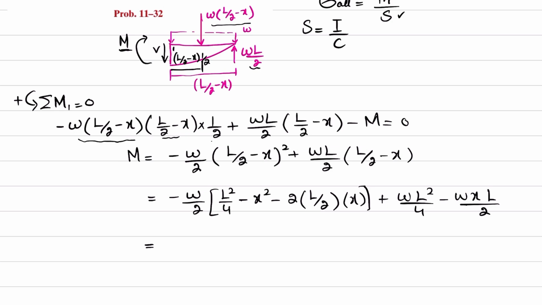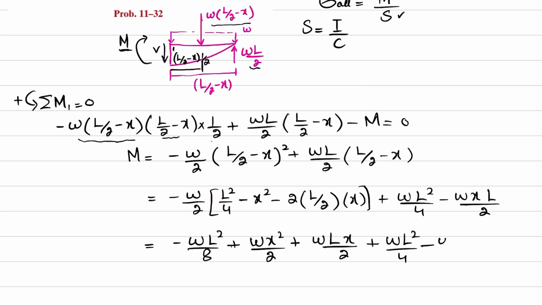Again, if you multiply, it will be minus WL square over 8, plus Wx square over 2 minus Wlx over 2, plus WL square over 4 minus WxL over 2.